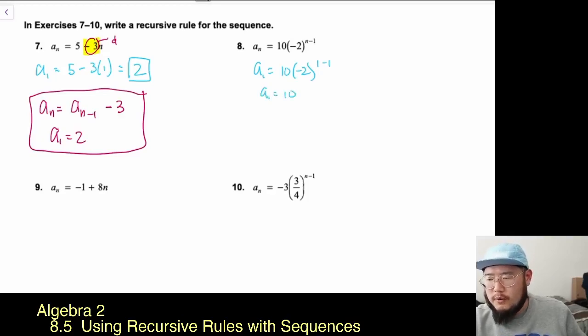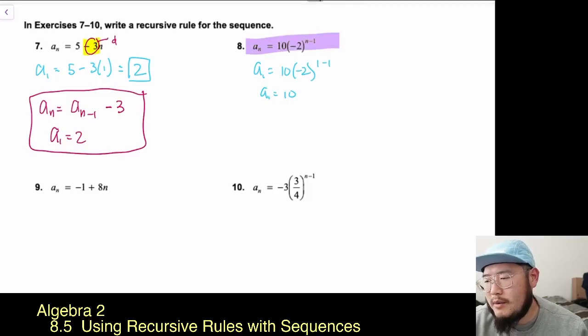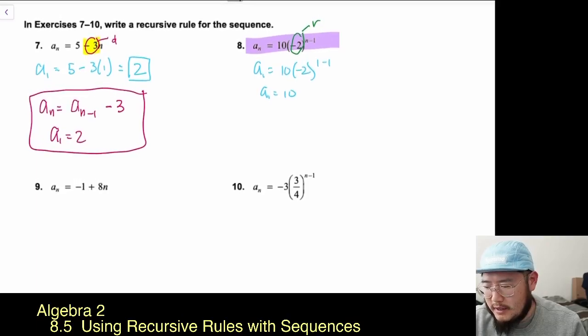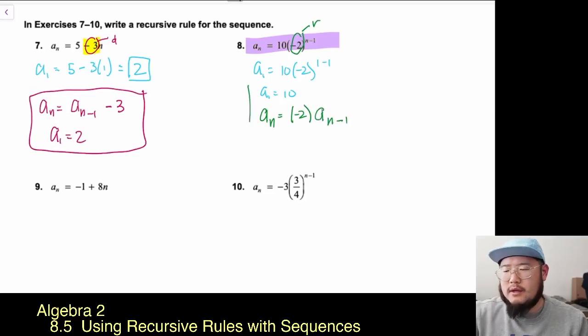Hopefully we remember from this equation right here, if we take a look at this top equation, it's a sub 1 times r raised to the n minus 1 power. So that tells me that r is -2. So to write our recursive rule, I've got a sub n is equal to r, we'll put -2 right here, and then it's going to be a sub n minus 1. Both of that combined is your recursive rule.